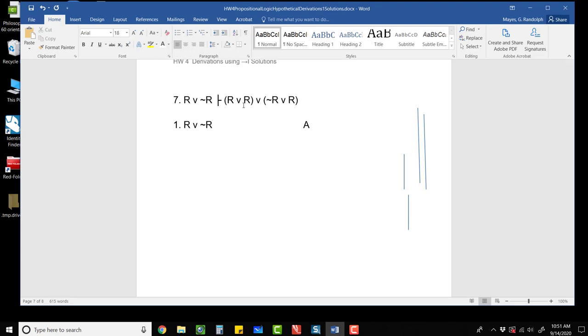It's worth pointing out, if you haven't had this insight on your own, that if something follows from a formula, and it follows from the denial of that formula as well, then it has to be a theorem.